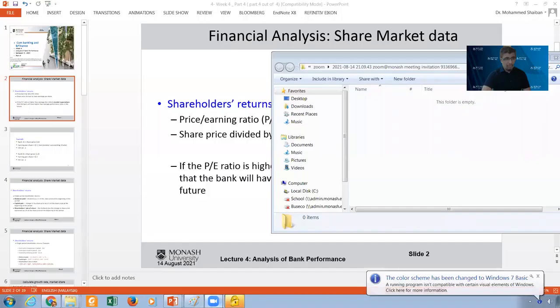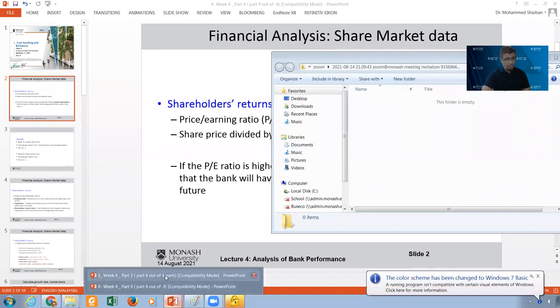We talked about the financial analysis, the qualitative and the quantitative, and now we are moving to the share market data and its analysis. We have also talked about the new measures I mentioned before, dealing with the economic profit. So if you allow me now, let me just share my screen and I will start.